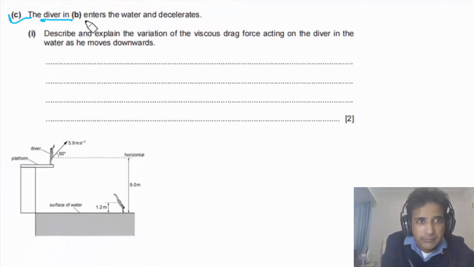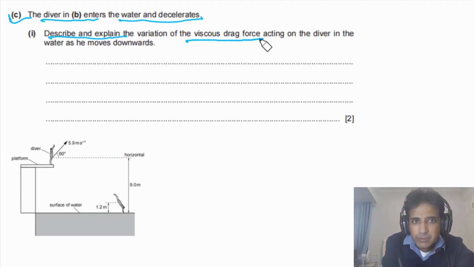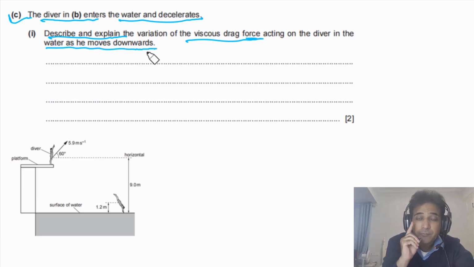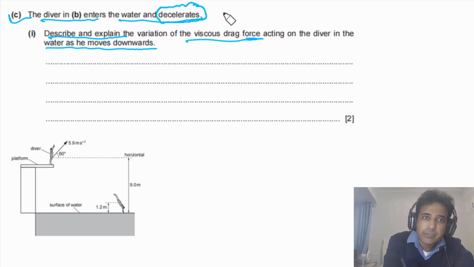Part C says the diver in B enters the water and decelerates. Describe and explain the variation of the viscous drag force acting on the diver in the water as he moves downwards. The first thing you need to understand is that it is given that he decelerates, meaning the speed decreases.